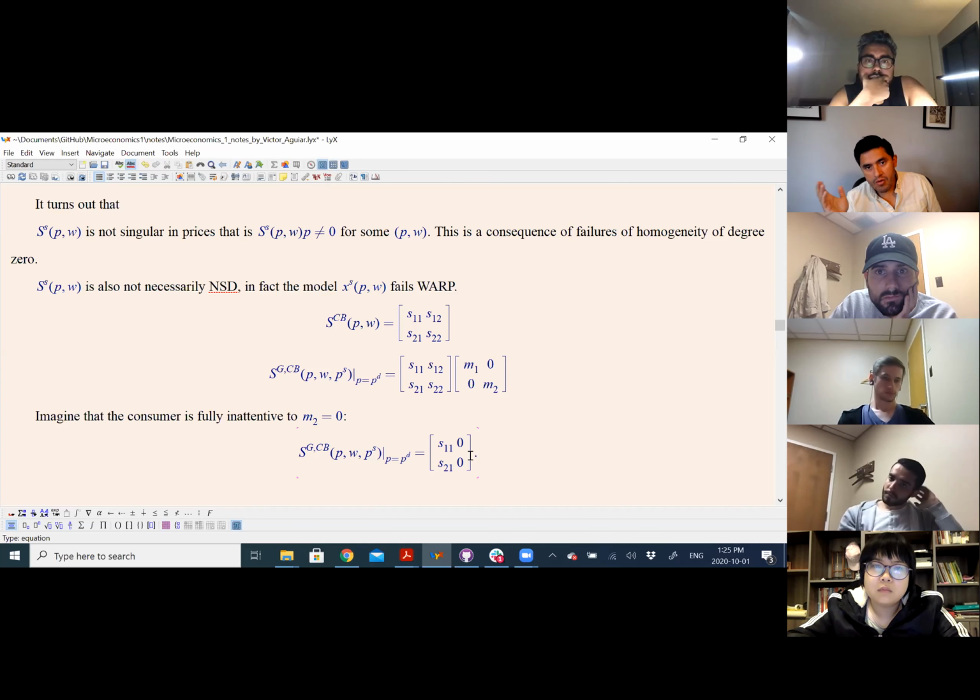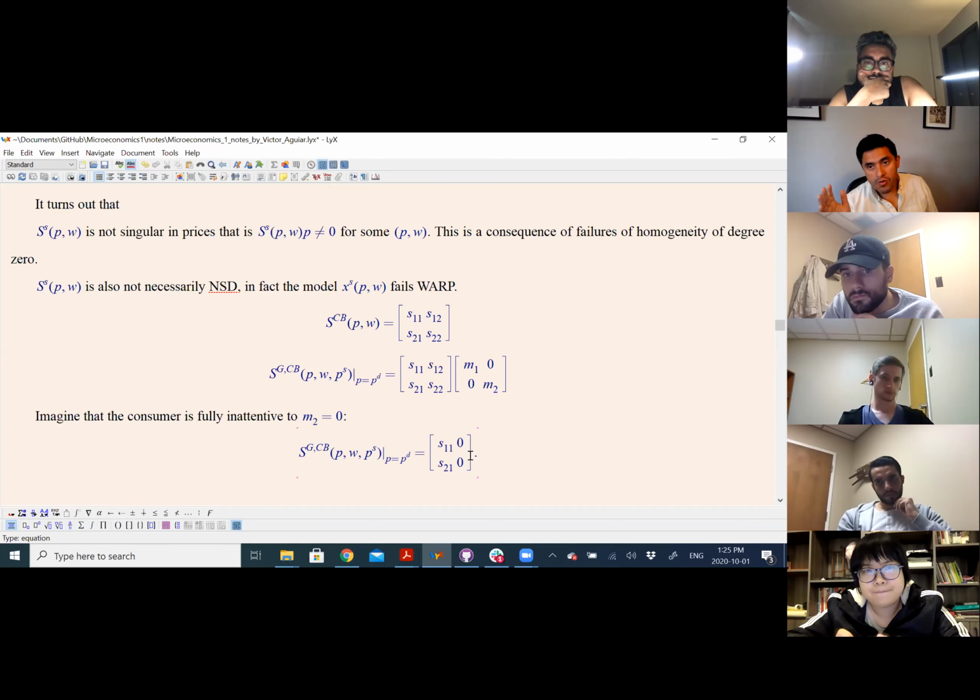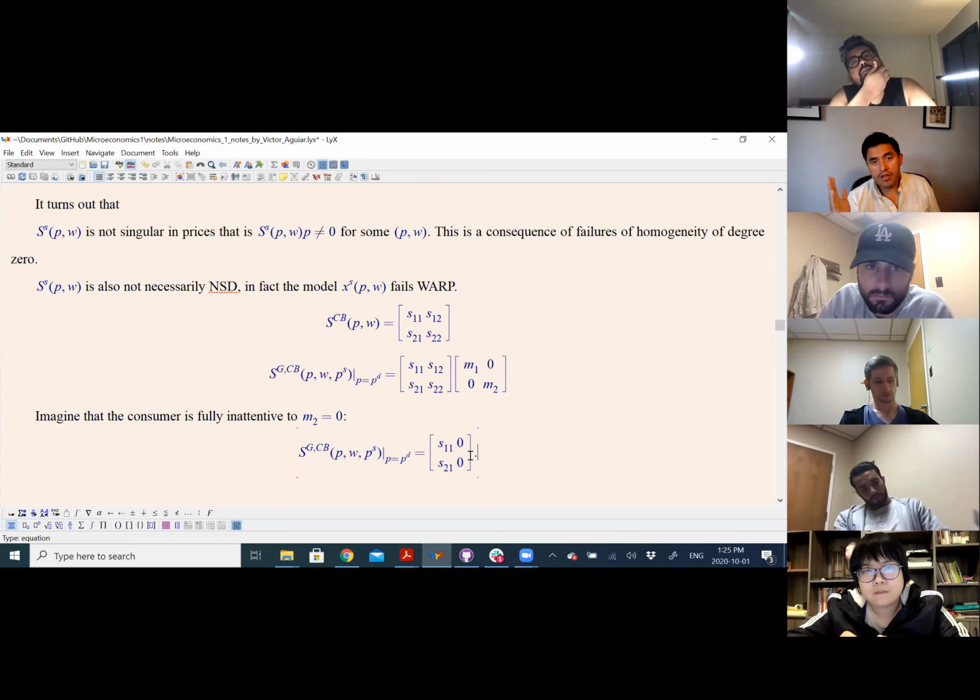So they behave almost like a Cobb-Douglas, and they look rational. This is an interesting case, because when you're fully inattentive to everything, you also look rational. Bottom line: the only cases where you don't look rational is when inattention is very heterogeneous across goods. The more heterogeneous, the more asymmetric you are, so if M1 and M2 are very different, then you look more irrational to me, in the sense that your Slutsky matrix is going to behave very weirdly.